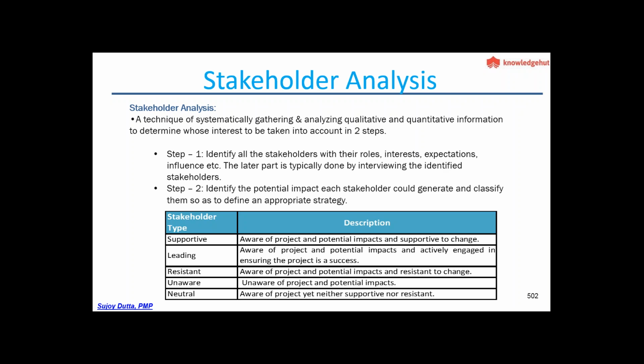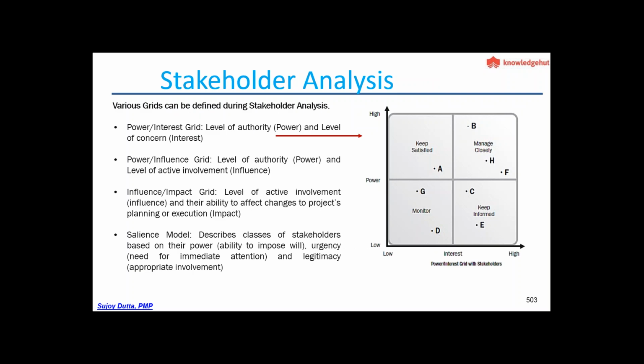So we have to do the analysis based upon the project. This is typically done by interviewing the identified stakeholders. So we identify the potential impact each of the stakeholders could generate and classify them so as to define an appropriate strategy. So stakeholder analysis is done like this.